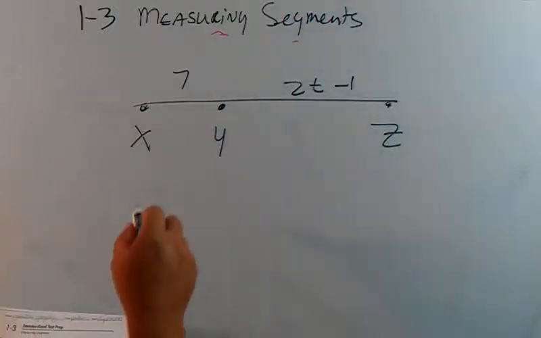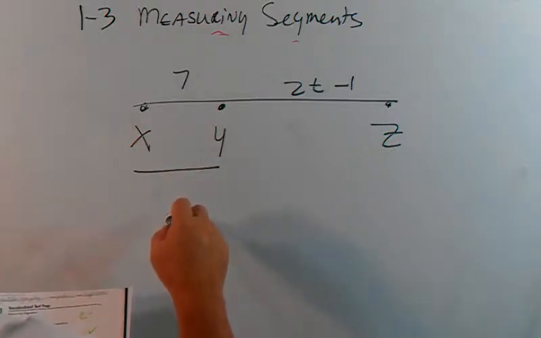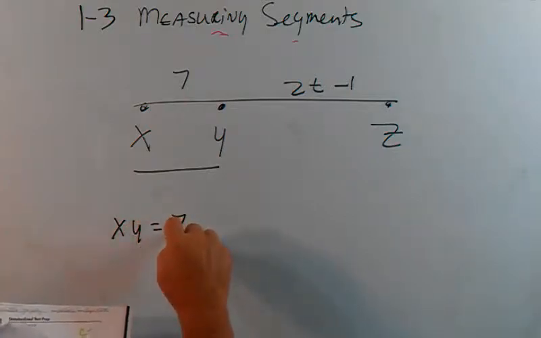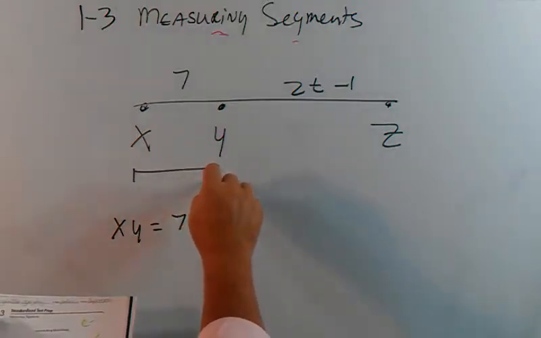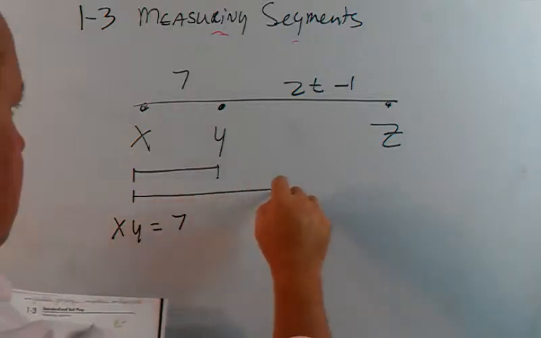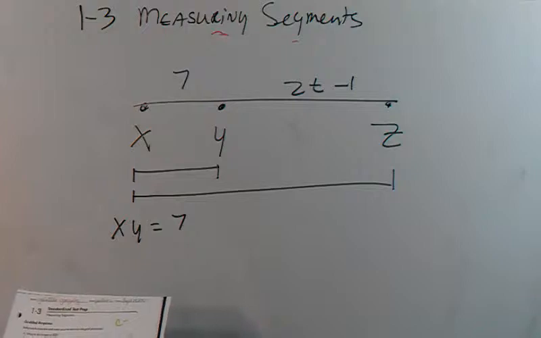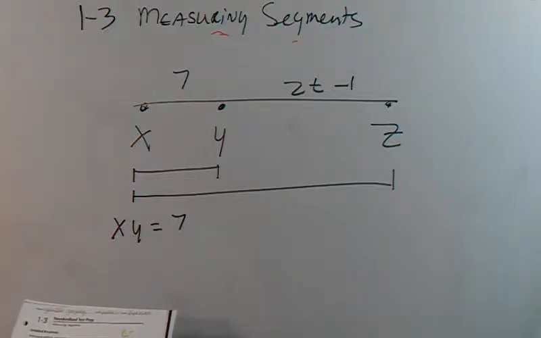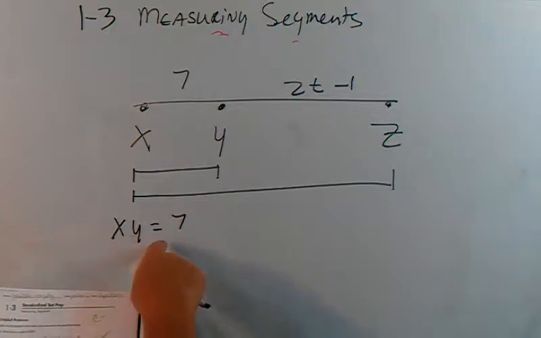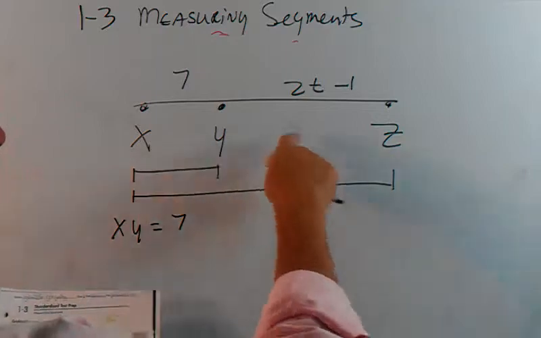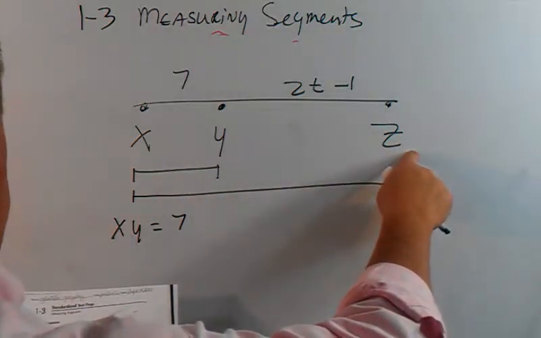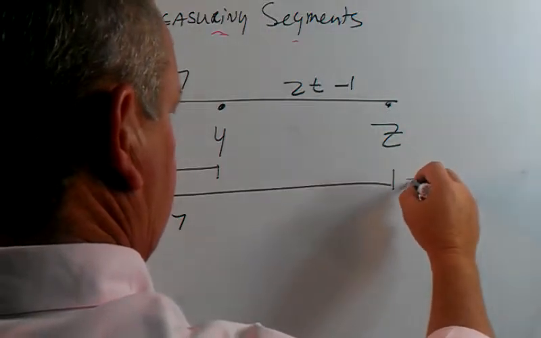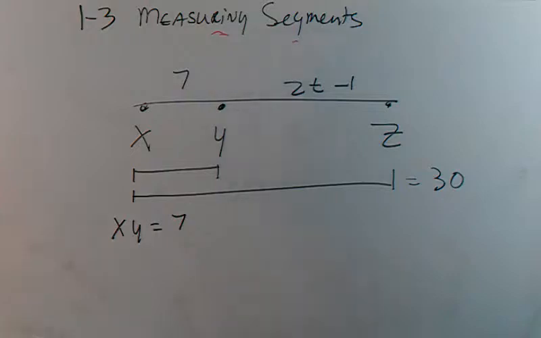If XY, this segment right here, is equal to 7, and XZ is equal to 30, since the total length is equal to 30, what is the value of t?